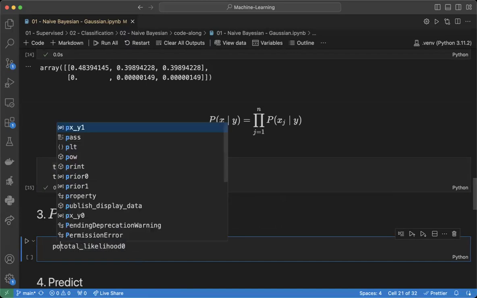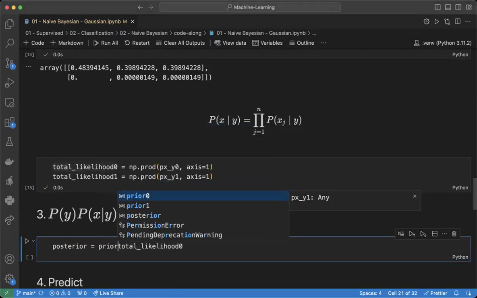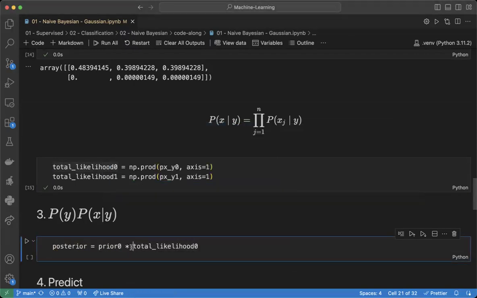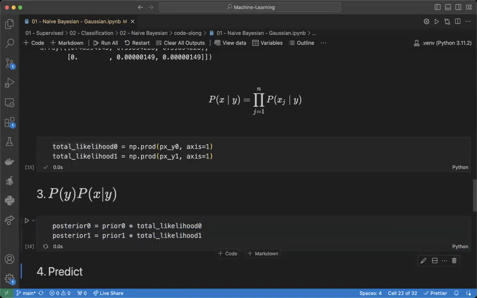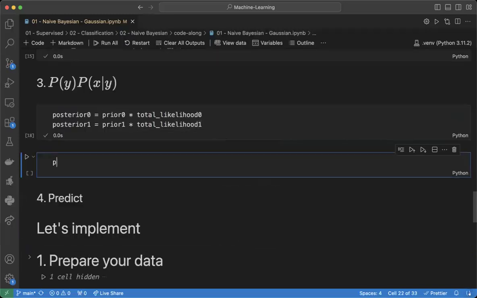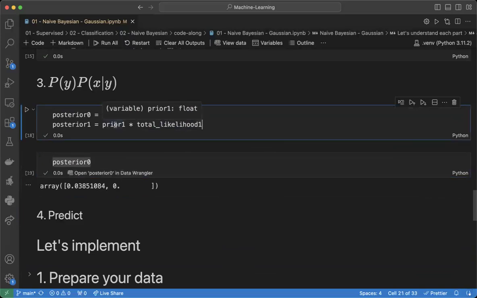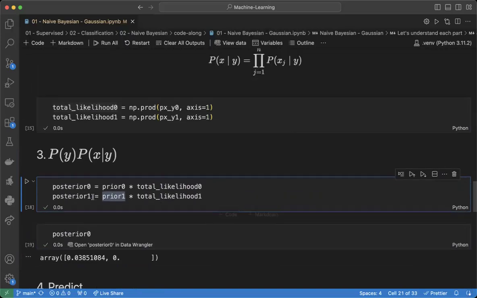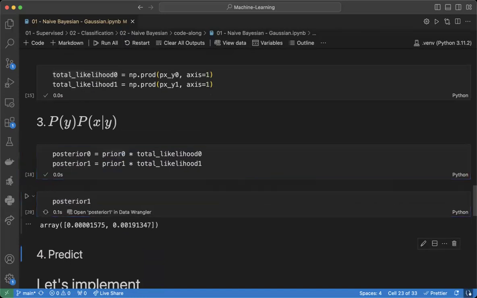We call this the posterior, equal to prior 0 multiplied with this one, which we already calculated earlier, and I'm going to call this 0, and 1. So we can see this is the final probability. We must multiply with prior 0, and it looks the same because our prior is basically 0.5 and 0.5, and similar for 1.